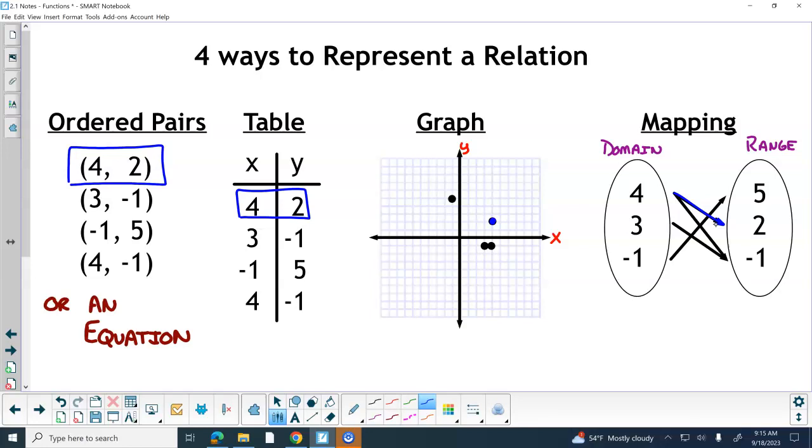If you had an equation, you wouldn't do a map because your map would be ginormous. Okay? Probably also wouldn't do a table or a list of ordered pairs. Give me the equation for it, and you would probably be limited to a graph on that one. Okay?